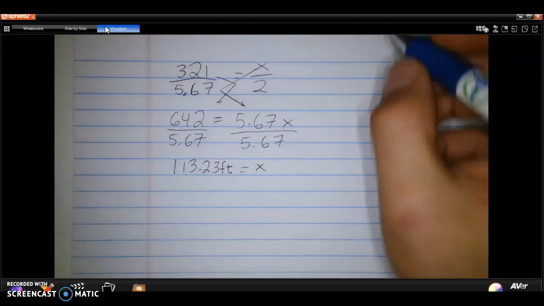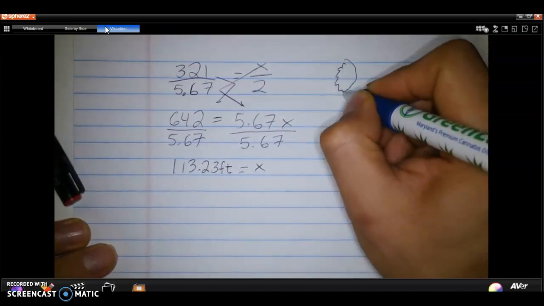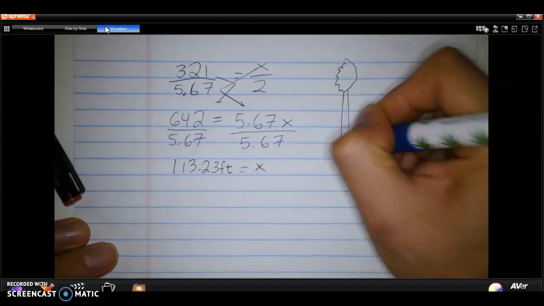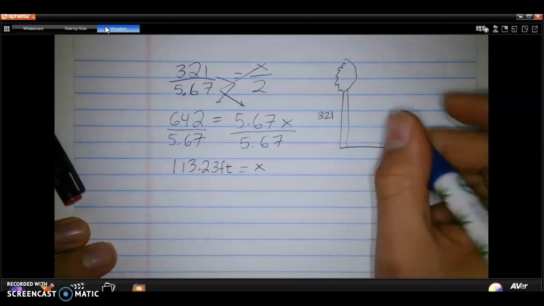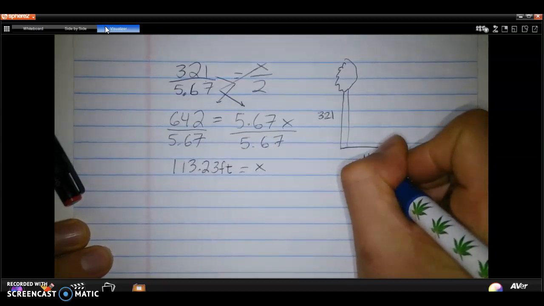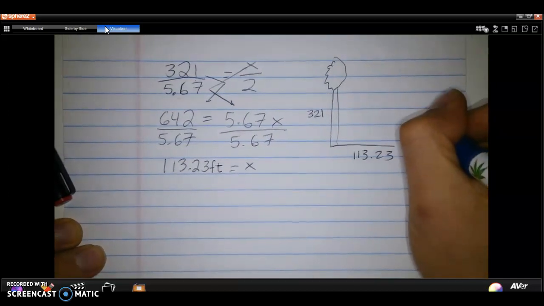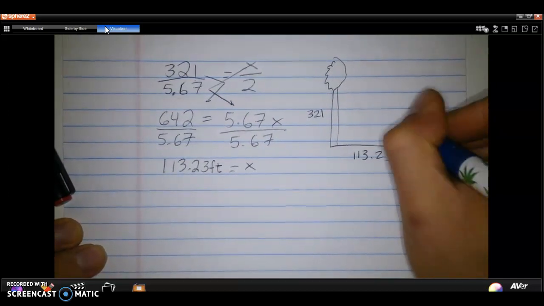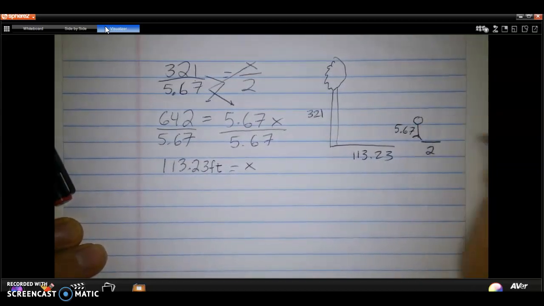So we now know, now sadly the picture doesn't stick around, so I'm going to draw up my tree again. We know the height of my tree was 321, and now we know the length of the shadow was 113.23. Now I was 5.67 feet and a shadow of 2 feet.